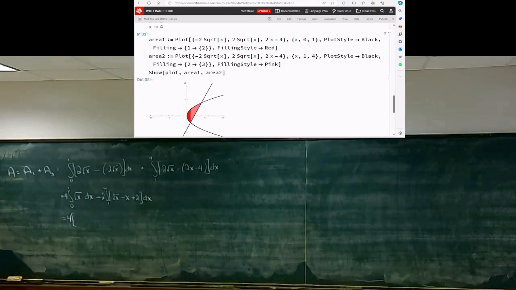Antiderivative of root x: x to the power of 3 over 2 divided by 3 over 2. And what is 1 divided by 3 over 2? 3 over 2 is 1.5, so 1 over 3 over 2 is 2/3.